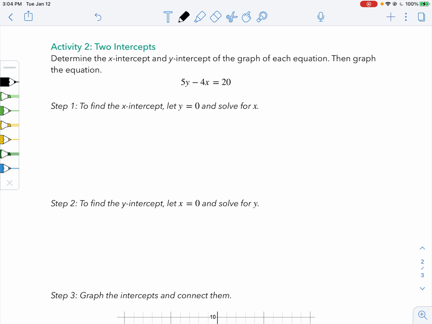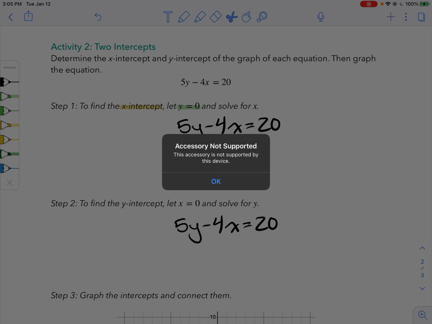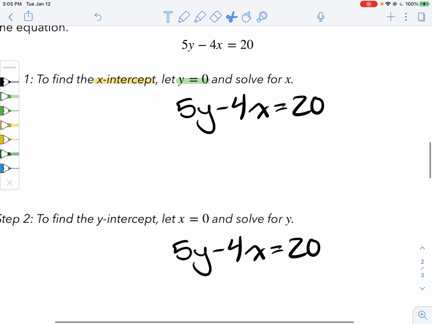Okay, so first, to find the x-intercept, we need to say that y equals 0 and figure out what x is. So we've got our equation, 5y minus 4x equals 20. We're going to need it later, so I'll put it down here again. Okay. So our x-intercept is where y equals 0.